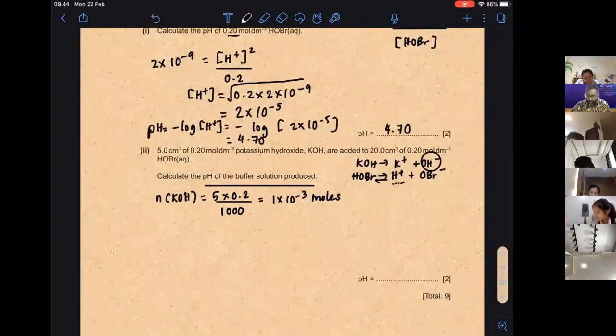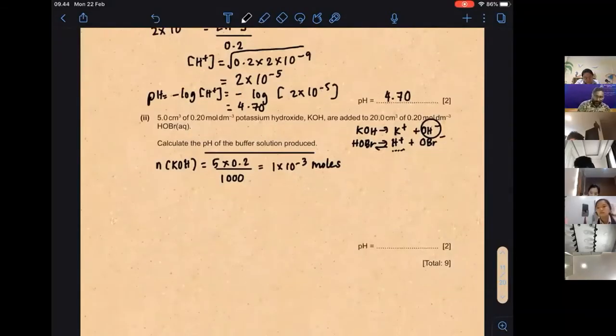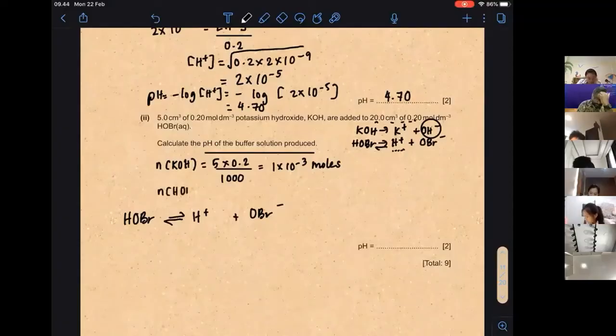You need to first calculate the initial HOBr, which gives H plus and OBr minus. You can see the data given: 20, so you can calculate the initial N of HOBr.